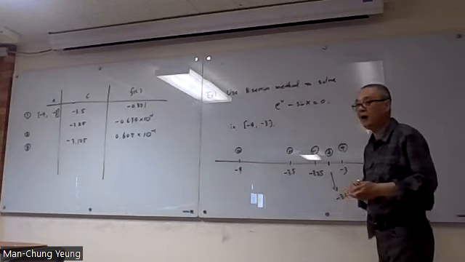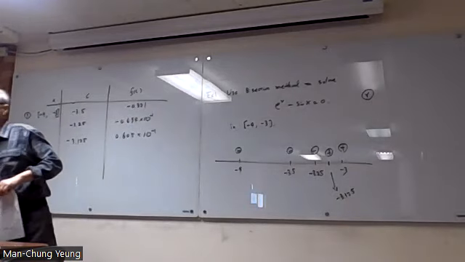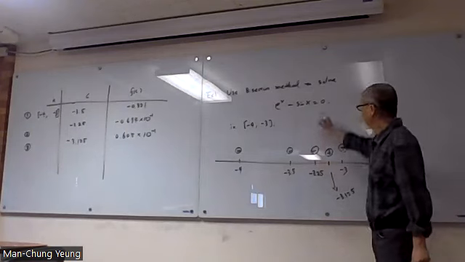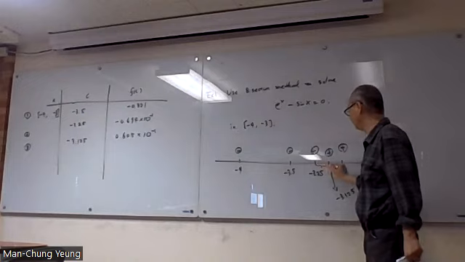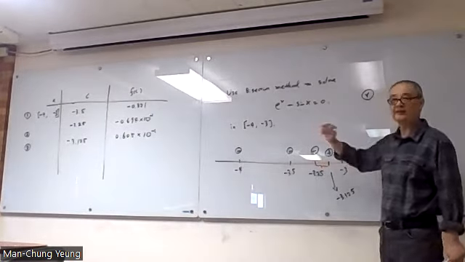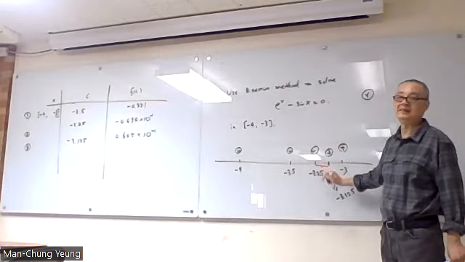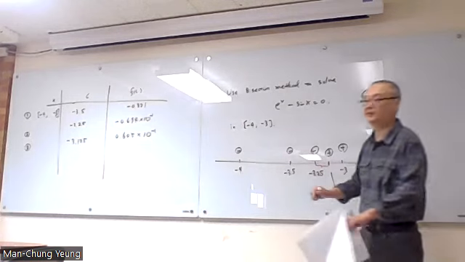This is step 3. Now step 4. Now, the solution of this equation is in this interval. Function value negative, positive, function continuous. So it is guaranteed there is a solution in this interval. Now step 4. Cut this interval in half.